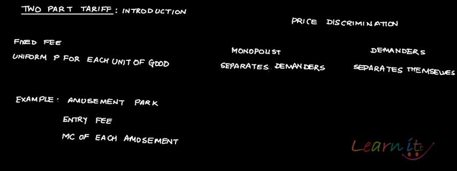Suppose I am the monopolist and you are my customers. Then I will identify you as my different customers, and probably I'll charge different prices from all of you. Or I'll probably separate you into two groups or several groups, and I'll charge different prices from different groups. So I'm the person who is identifying you as a group.